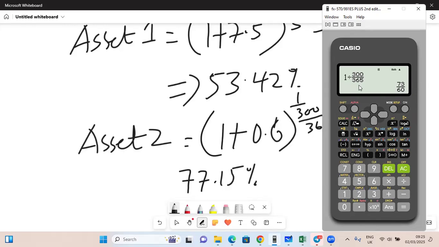So you can do this separately and then put it at the top. So now you do bracket 1 plus 0.6 raised to the power and put this, because that's what we get. The same thing, right?